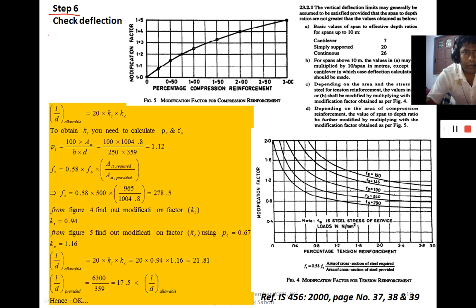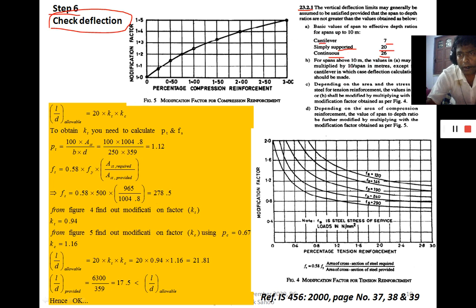So in step 6 we check the deflection. How do we check the deflection? The deflection limit is given for different beams in clause number 23.2.1. For cantilever it is 7, for simply supported it is 20, for continuous it is 26, for spans up to 10 meter.